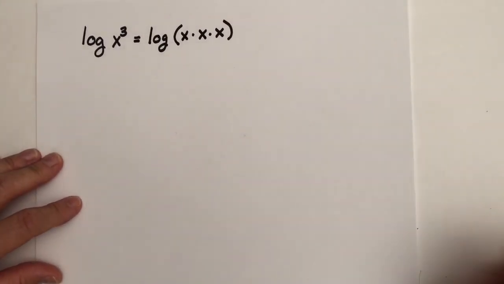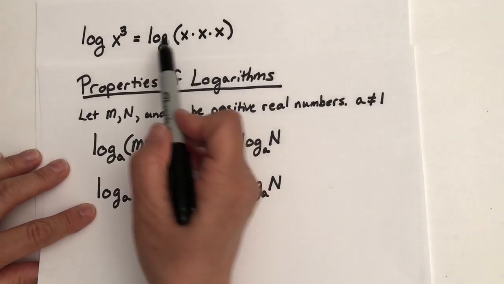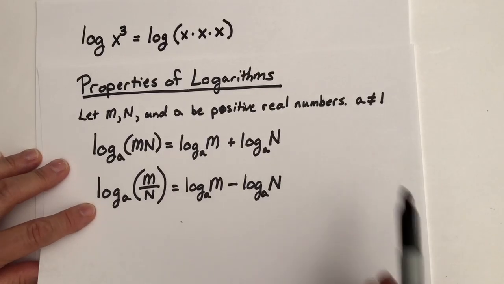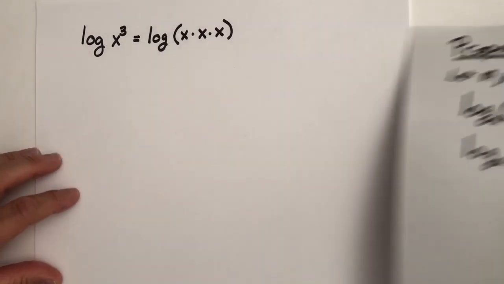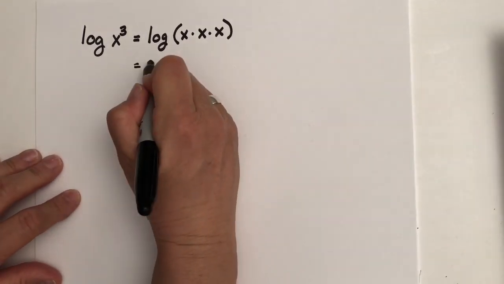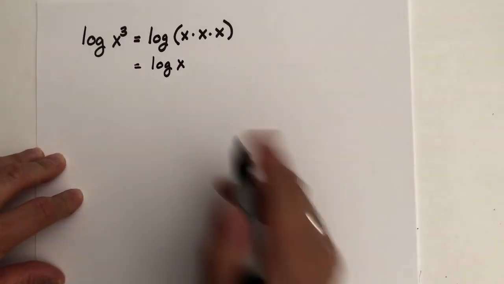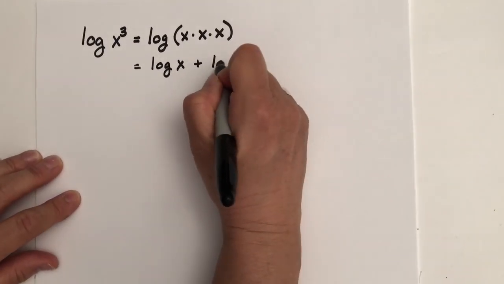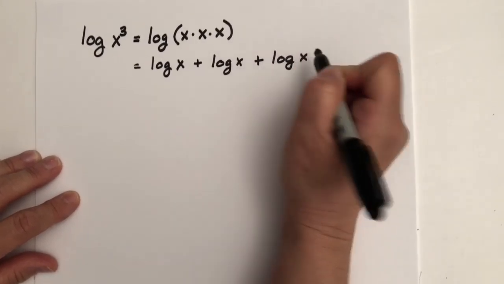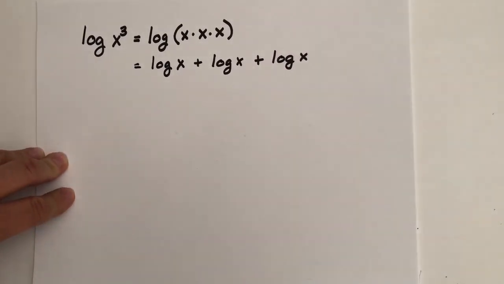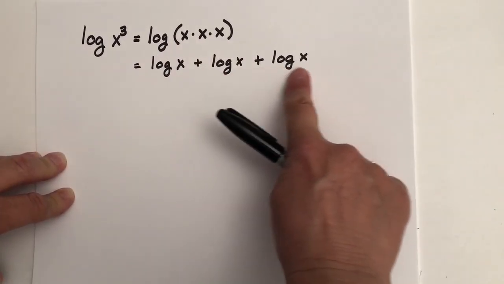Well, we can apply big property number 1 right here a couple of times to get this. I'll just expand it all in one fell swoop. And we know that we have the sum of some logs. So I would have the log of x plus the log of x plus the log of x, because the log of a product equals the sum of the logs.